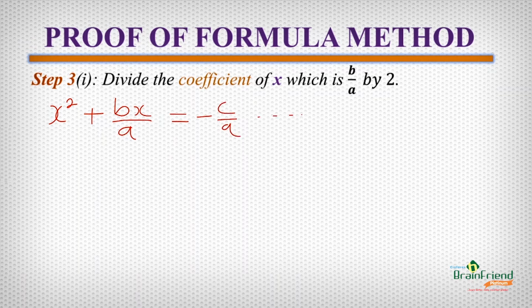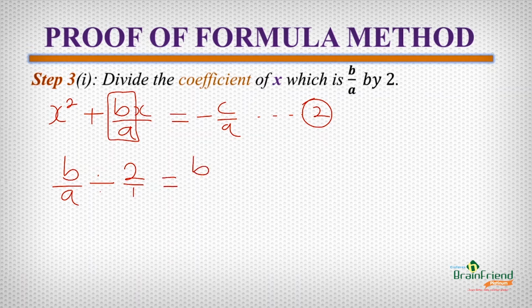This is our equation 2. And we are asked to divide this by 2. So we'll now have b over a divided by 2. I'll just say 2 over 1, it's the same thing. Therefore, we'll have b over a times 1 over 2.